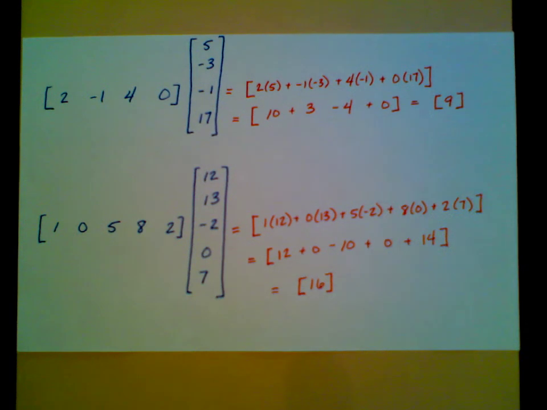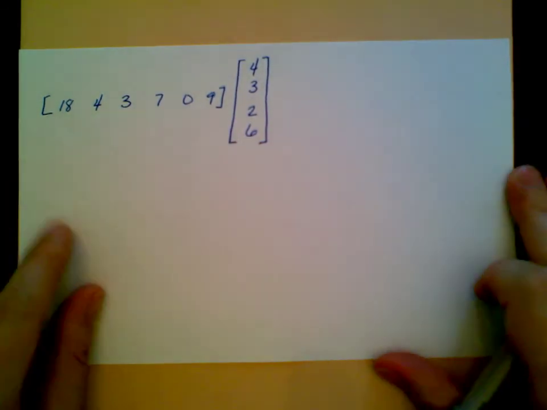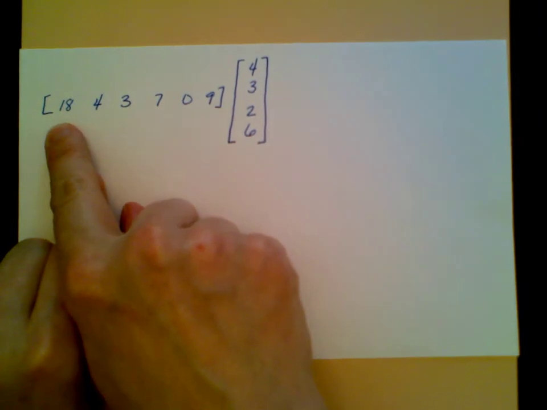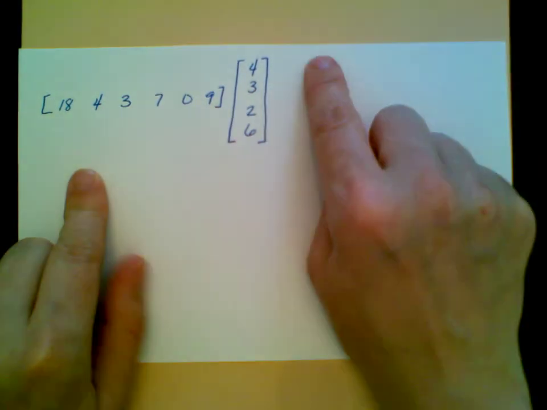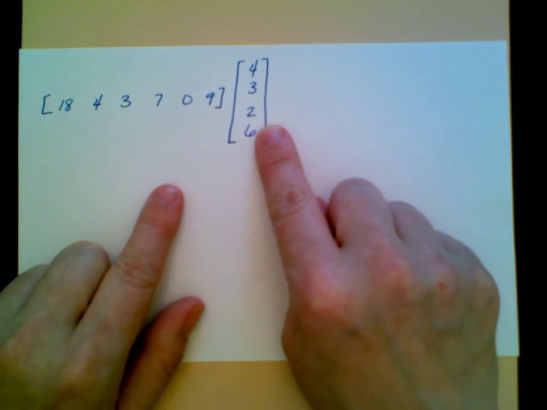And finally, one last row times a column. So I've got the row matrix, 18, 4, 3, 7, 0, 9, and the column matrix, 4, 3, 2, 6.